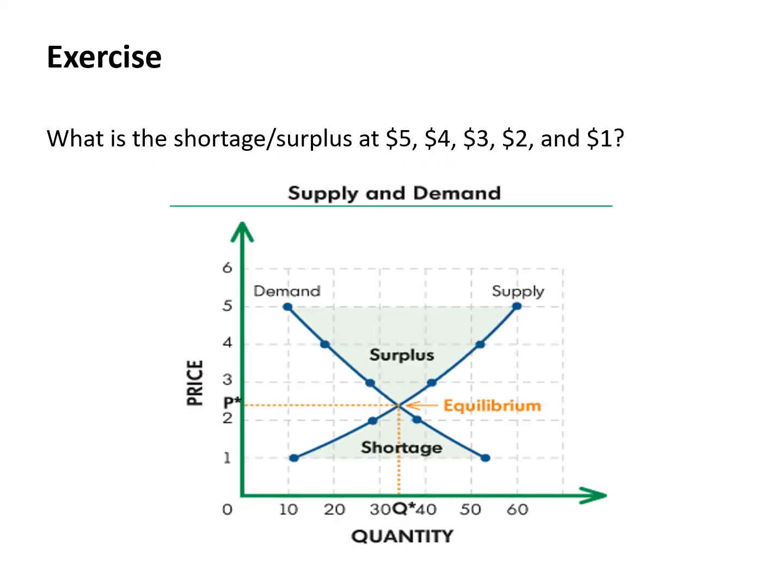Now let us look at this example. What is the shortage or surplus at prices 5, 4, 3, 2, and 1? If we look over here, this is the price we started with. At the price of 5, we can see the quantity supplied is 60 and the quantity demanded is 10.